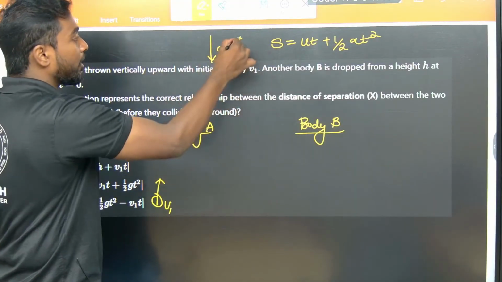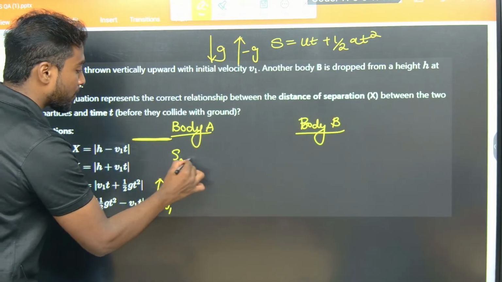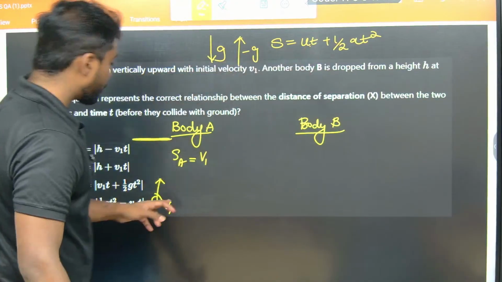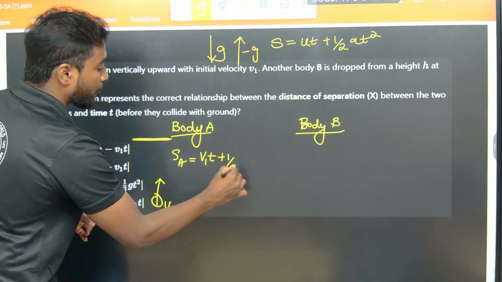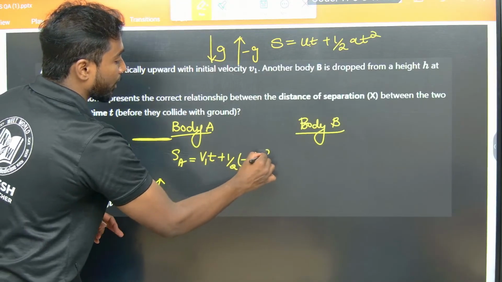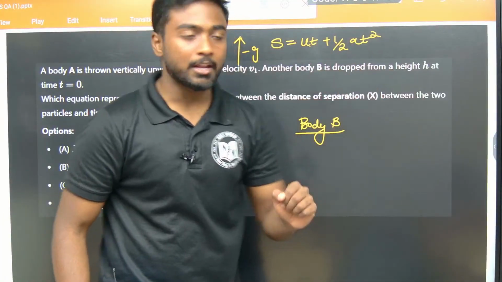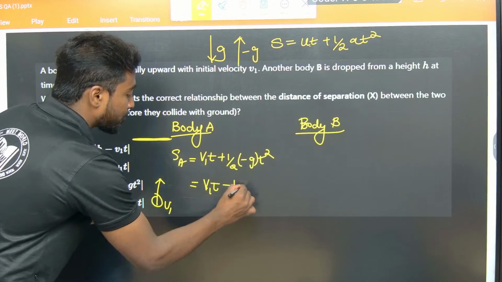If I throw upward, it will be minus g. So SA should be equal to, u will become v1, v1t plus half into minus g t square, because I am throwing the ball upward against gravity. So v1t minus half gt square.